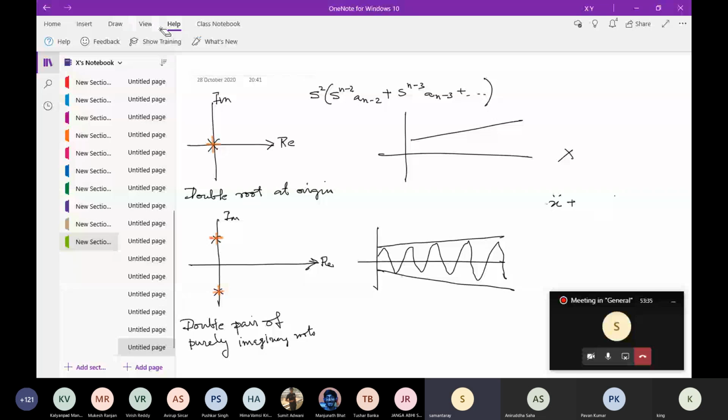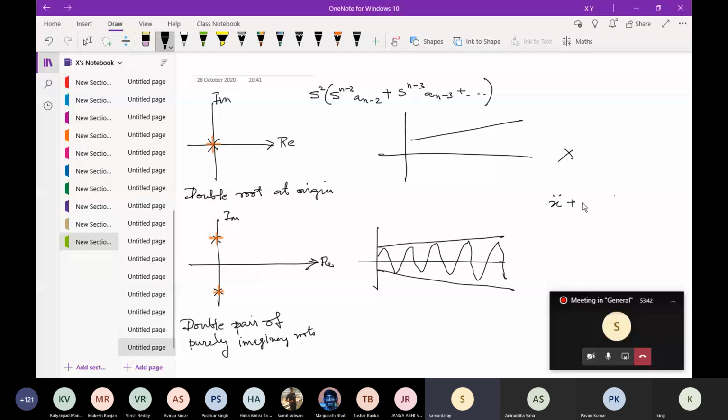That's it. X double dot is constant, velocity response grows, displacement response grows. There's another possibility also. Let us say you have an input F cos omega t. You people are familiar with the solution to this?